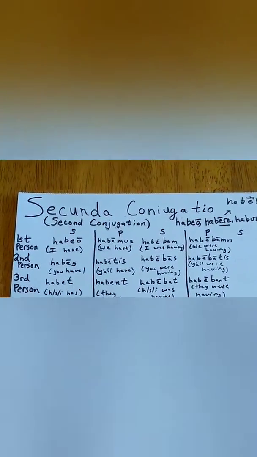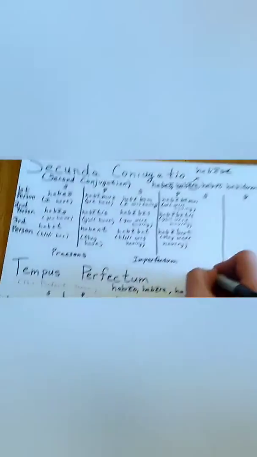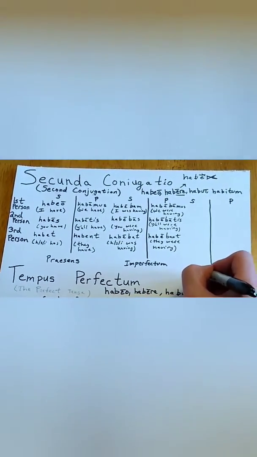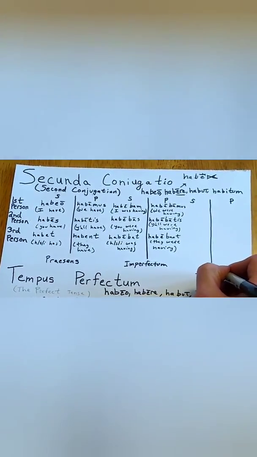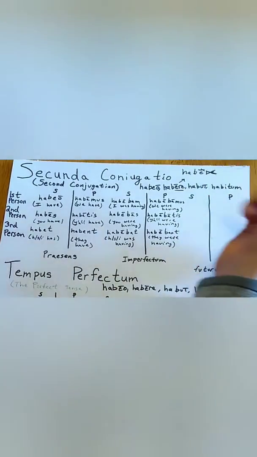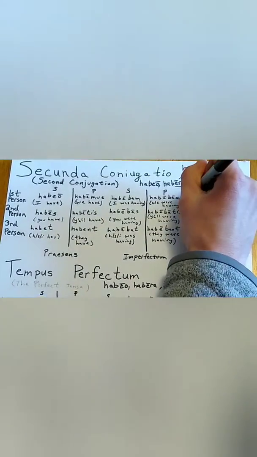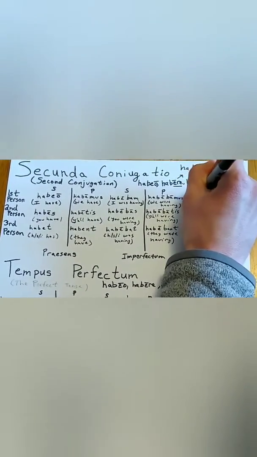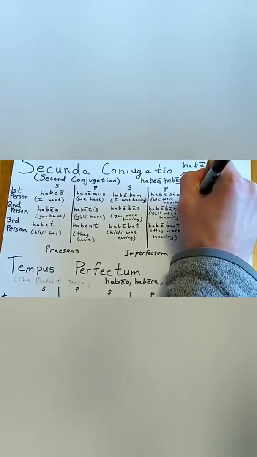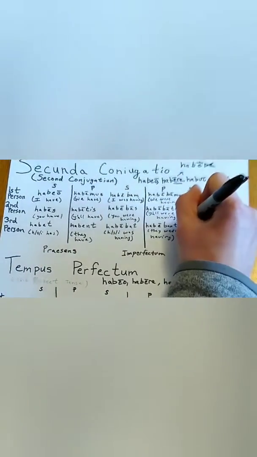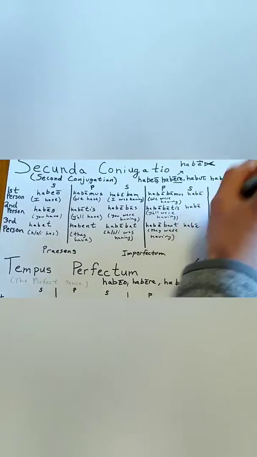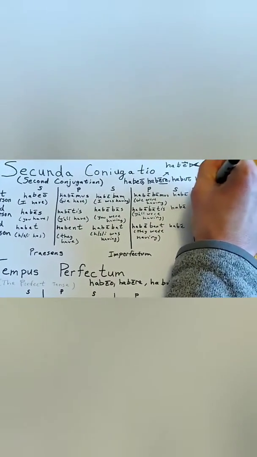And now for tempus futurum. Again, very, very simple. You take your stem, the macron stays on there, so you have habe, habe, habe. Getting a little crowded here.